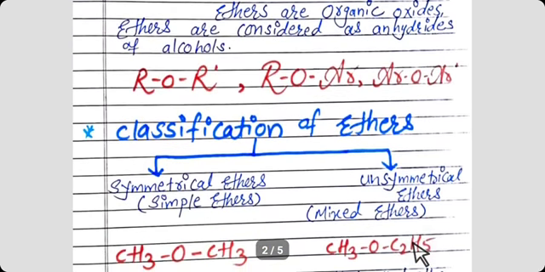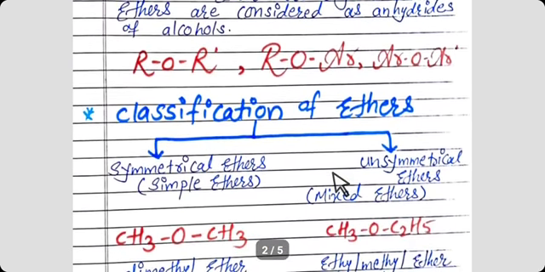Now the classification of ethers. In classification of ether, there are two types of ether. One is symmetrical ethers, and these symmetrical ethers are also known as simple ethers. In this ether, both the alkyl or aryl groups attached to the oxygen atom are the same.